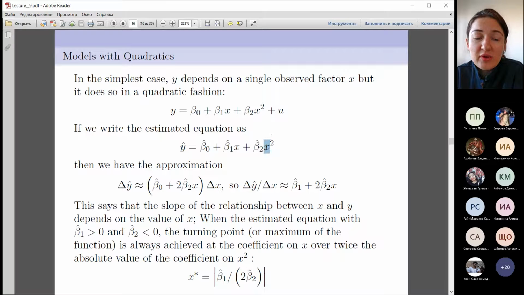And because of this, when you interpret the relationship for variables with quadratic terms, you always need to plug in specific values of x in this formula. We have practiced how to do this during the seminar, so if you don't remember, please check the seminar notes and this slide.